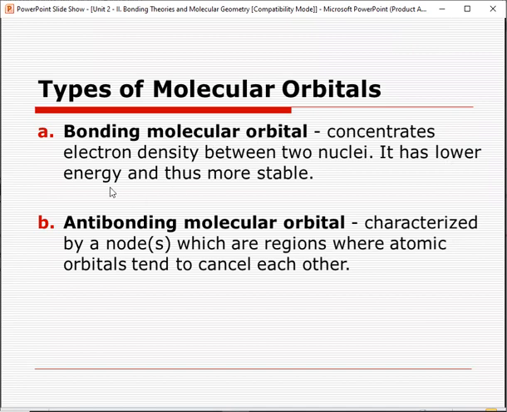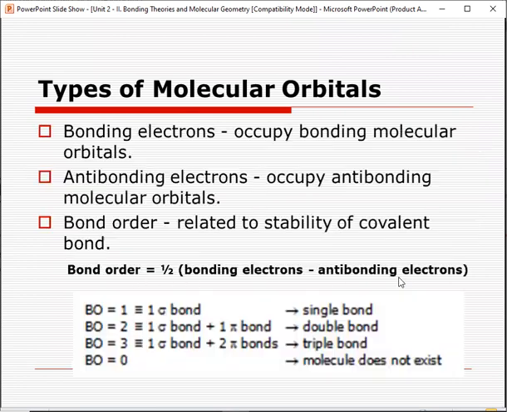So, mas gamay siya energy compare sa anti-bonding, but it is more stable compared to the anti-bonding molecular orbital. So, for anti-bonding molecular orbital, it is characterized by a node. So, ang node are the regions where atomic orbitals tend to cancel each other.